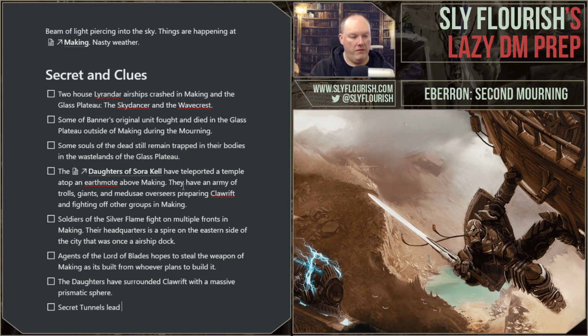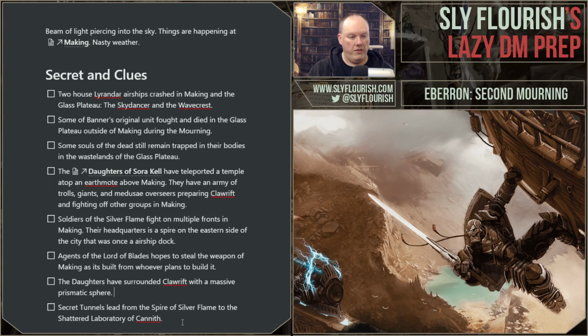Secret tunnels lead from the spire of the Silver Flame to the shattered laboratory of Kenneth.